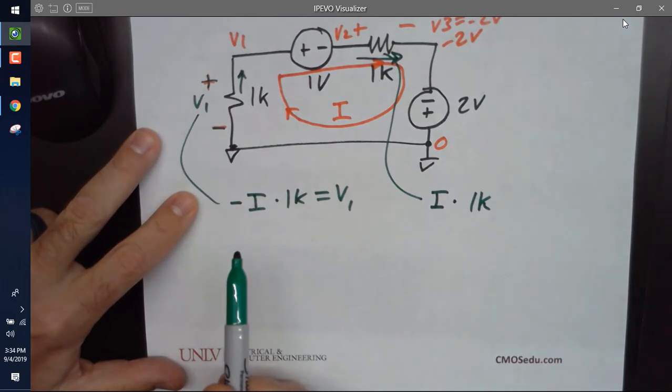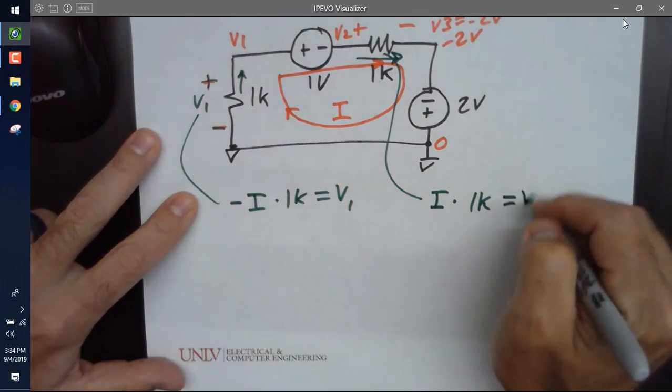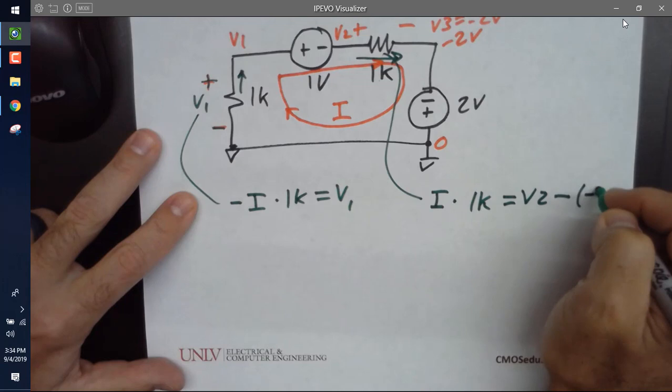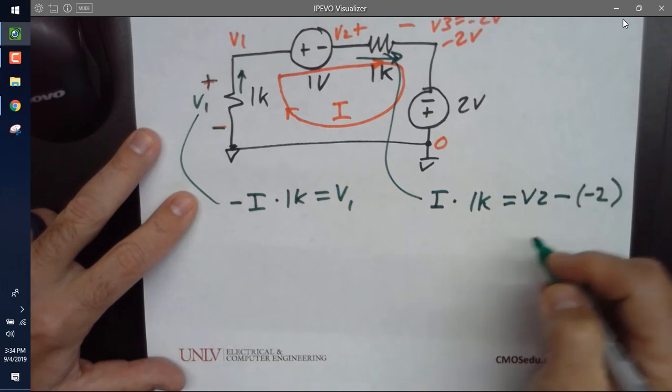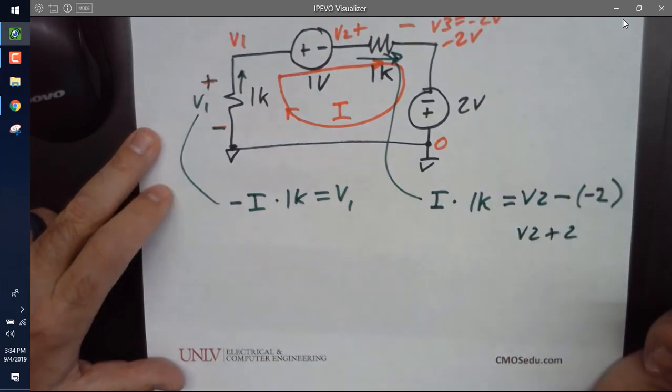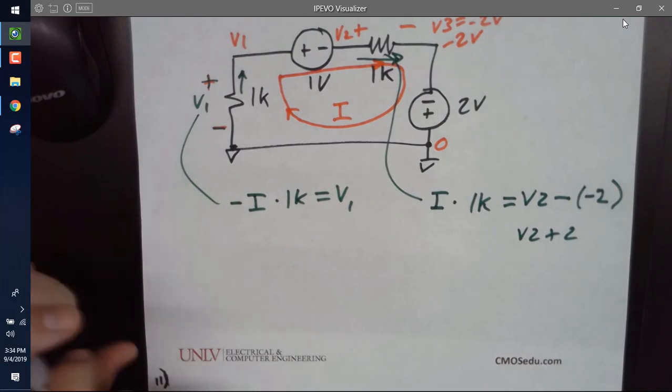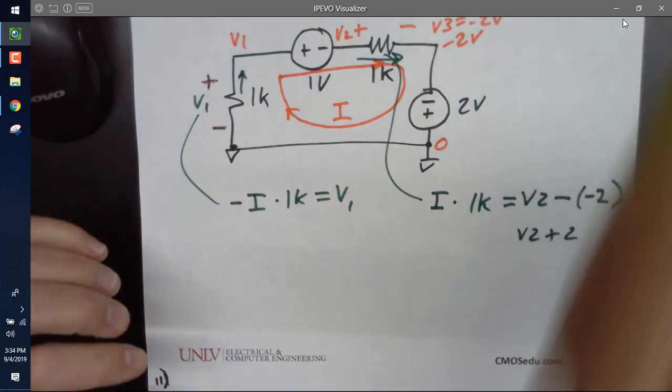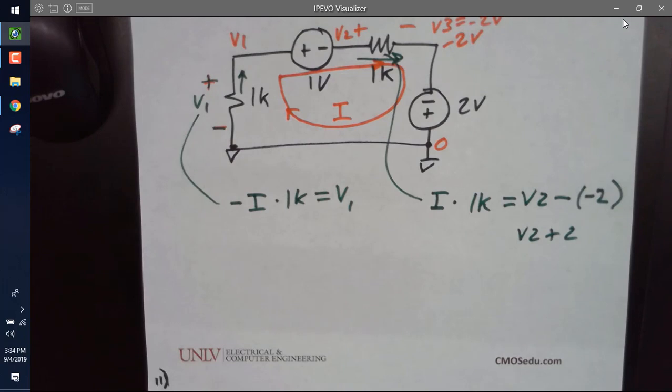But I can also write that as V2 minus 2 volts, or V2 plus 2. Does everybody follow? So we're almost done. We're going to get out our running shoes now. Tell me when to proceed.